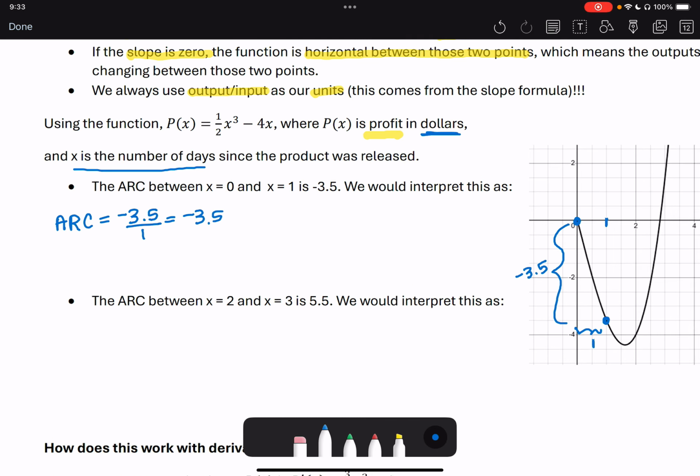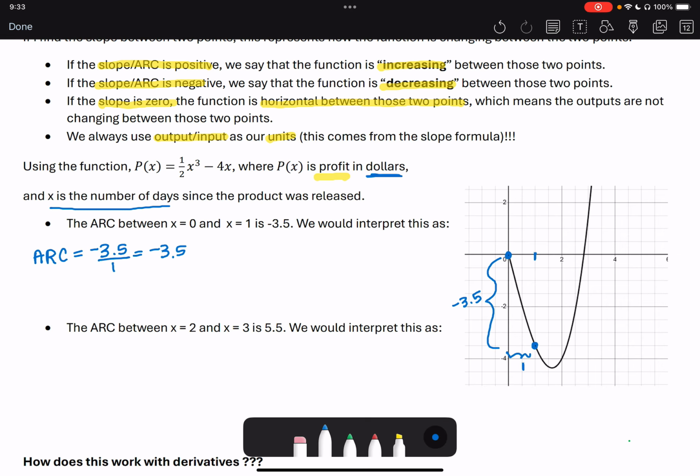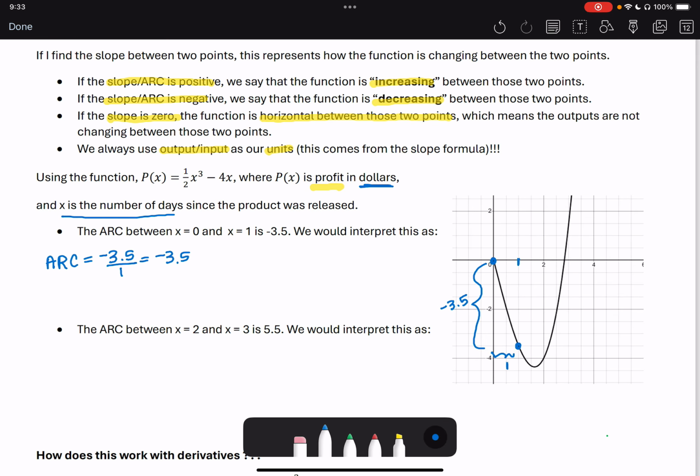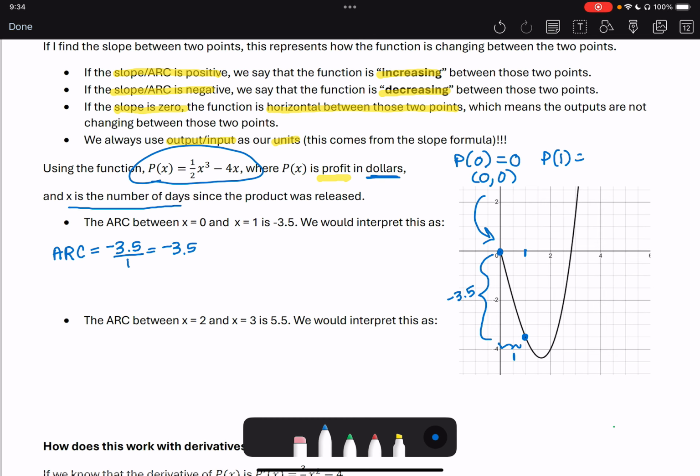If I'm using this P of X function and I plug in a 0, I get a 0. That tells me the point 0, 0, which is the point that I've marked on the graph. And then if I find P of 1, everywhere I have an X, I'm going to put a 1, and I would get this output value of negative 3.5.